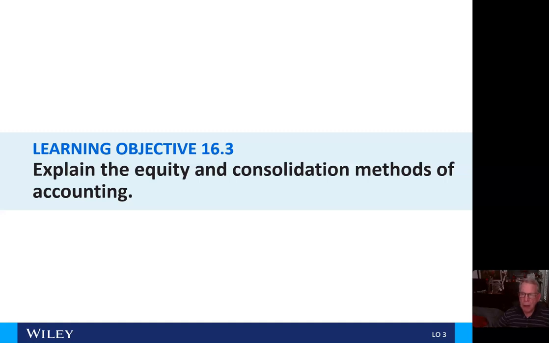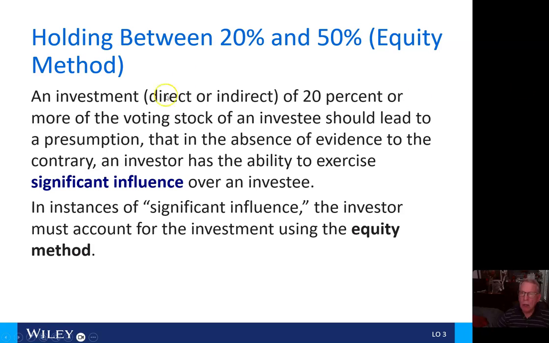Okay, now we'll explain the equity and consolidation methods of accounting. Here, we're taking a look at holding between 20% and 50% using the equity method.